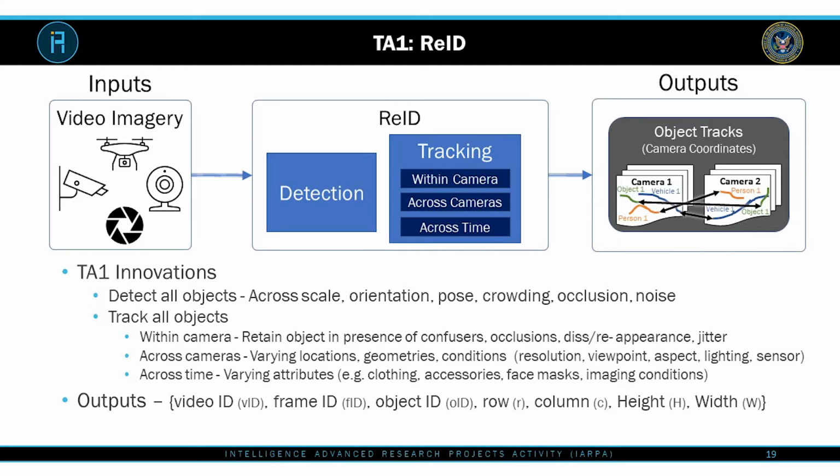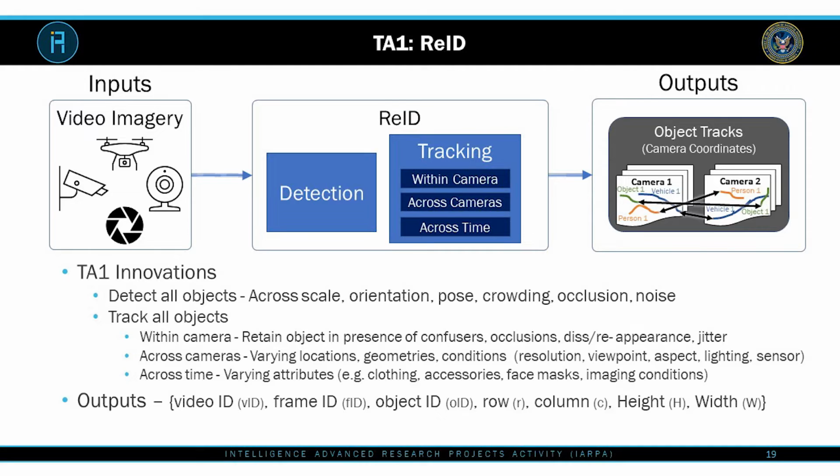Re-identification will require a number of innovations: detecting all those objects across scale, orientation, pose, crowding, occlusion, noise, etc. Track all the objects within a camera, retaining each object in the presence of confusers, occlusions, disappearance, reappearance, and jitter; across cameras, varying locations, geometries, and conditions, including resolution, viewpoint, aspect, lighting, and sensor; and across time, with varying attributes, temporary attributes such as clothing, accessories, face masks, and imaging conditions.